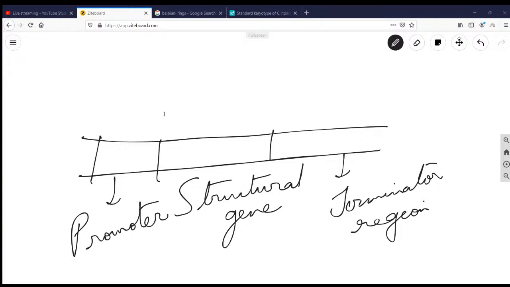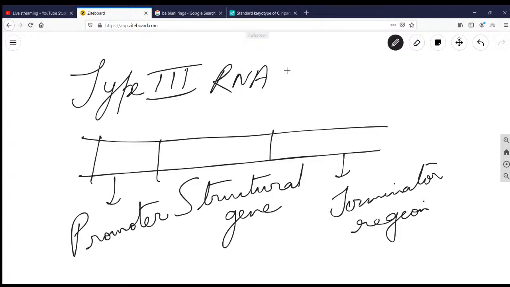And type 2 is responsible for production of mRNA. And type 3 is responsible for production of tRNA. So type 3 RNA polymerase in case of eukaryotes produces tRNA. That is the most important concept that you must know.